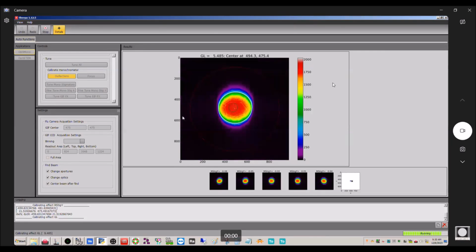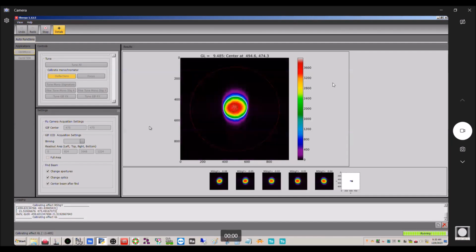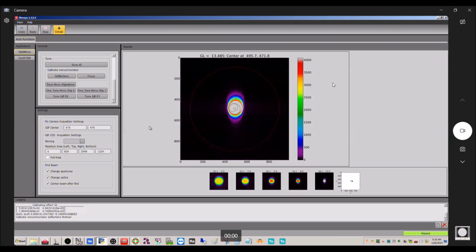Technically speaking, you don't need to do all this in order to use the mono, but having this capability really helps to kind of simplify this. Okay, so we're all set here. So we can go to the next one, which is the focus.